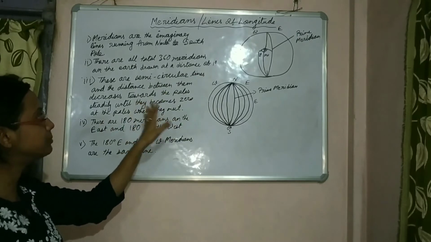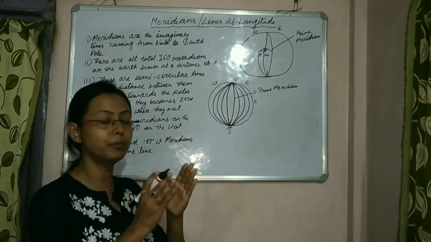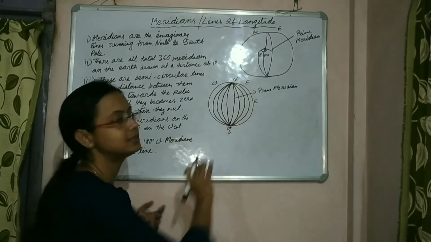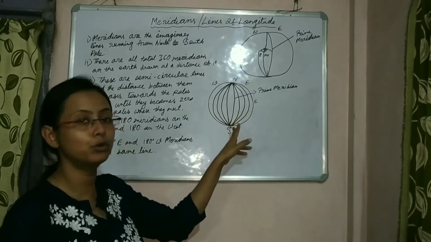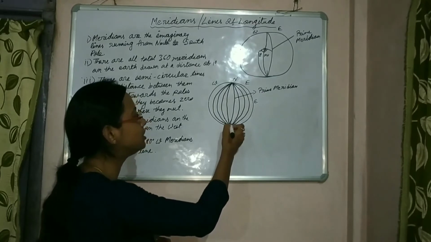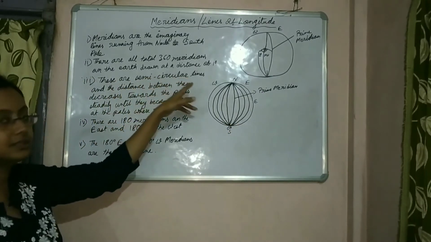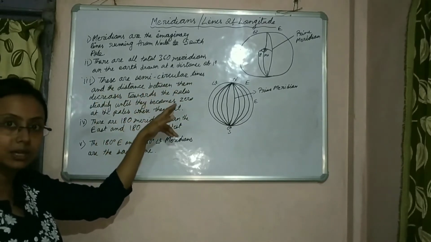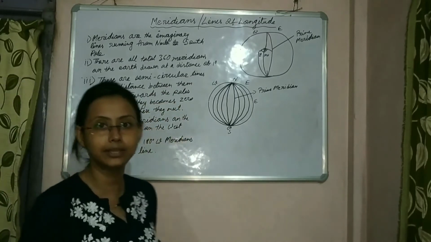The distance between two meridians continues to decrease as they move towards the north and south poles, and at the poles all the meridians meet each other and become 0 degree. Meridians are semicircular lines, and the distance between them decreases steadily towards the poles until it becomes 0 where they meet.